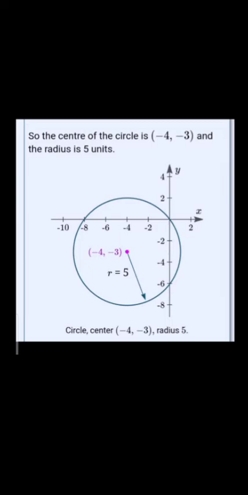Remember, class, that there's no such thing as a negative value of radius, because we are talking about the distance of the center to any point on the circle. So that must always be positive.